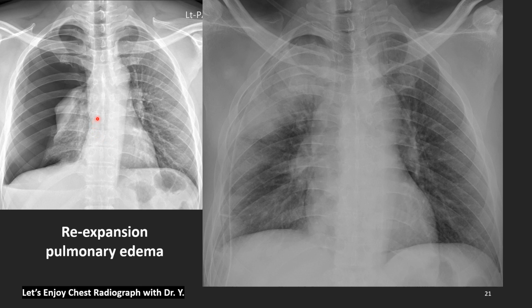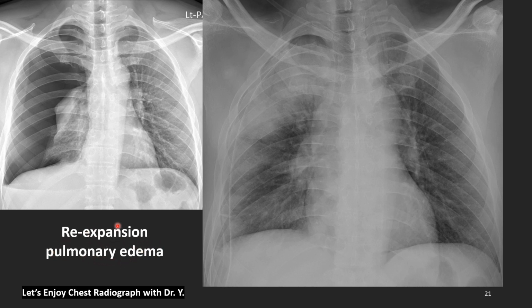We remember this film of pneumothorax in a young man. The same day after chest tube insertion, we found hazy GGO or consolidation in the mainly peripheral lung with air bronchogram. What do we call this phenomenon? Yes, re-expansion pulmonary edema.